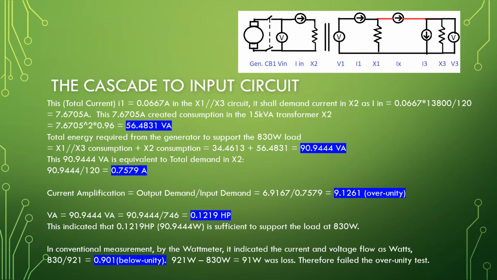7.6705 ampere created consumption in the 15 kVA transformer X2 equal to 7.6705 square times 0.96 equal to 56.4831 VA.